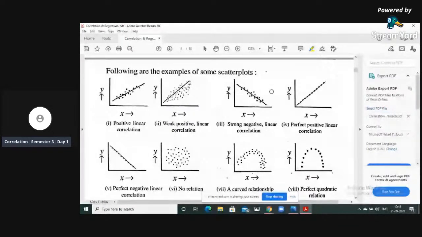Number one, we have y on the y-axis, x on the x-axis. And when we have a set of points like this, we state the linear correlation. Next, when we have this type of points, we state the relation to be weak positive linear correlation.